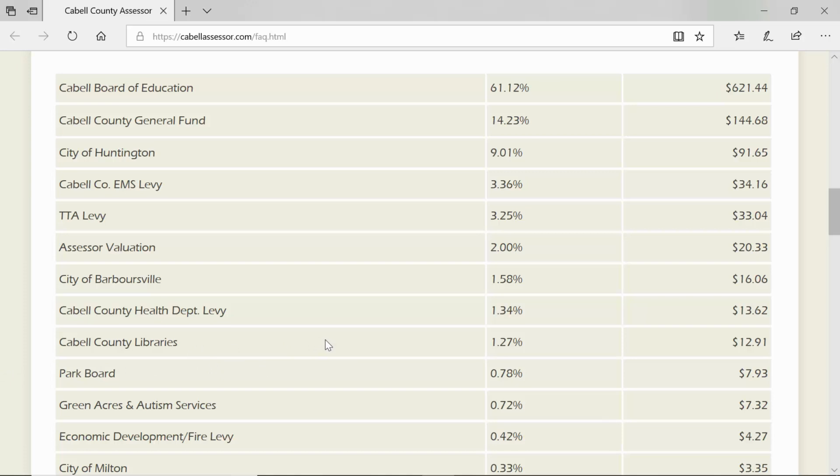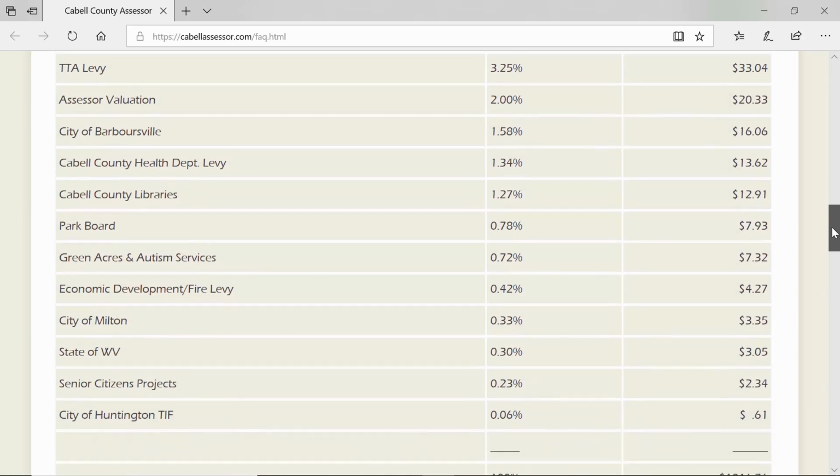And it's amazing, for instance, that the libraries can survive when the average household is only contributing $12.91 a year to the library. What do we care about even less than libraries? Senior citizens. So, right? Yeah, I'm not sure what the City of Huntington TIF is. Something improvement fund, I guess.